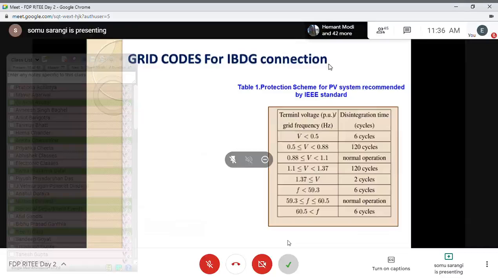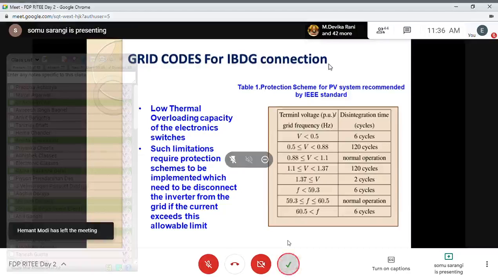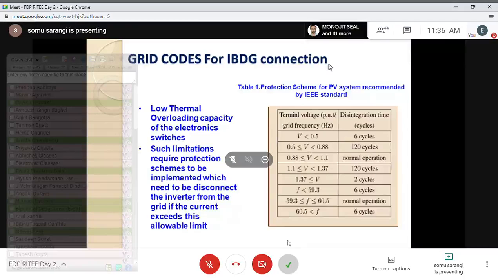So the grid code, if you observe the IEEE standard, we may have a low thermal overloading capacity for electronic switches. So if the voltage is less than 0.5 per unit, it will allow disconnection in 6 cycles. If it is 0.5 to 0.88, then we allow the switches to stay connected for 120 cycles. If it is 0.88 to 1.1 per unit, that is the normal operation.